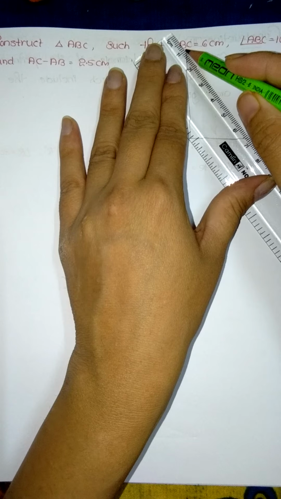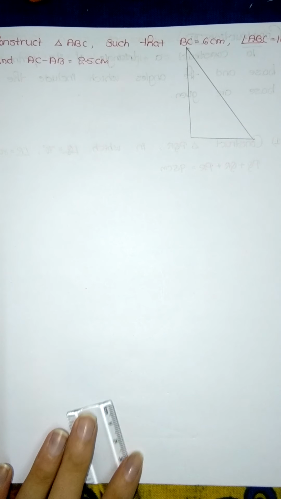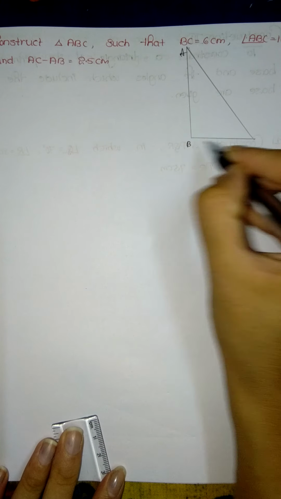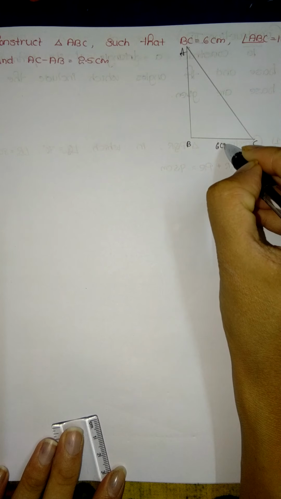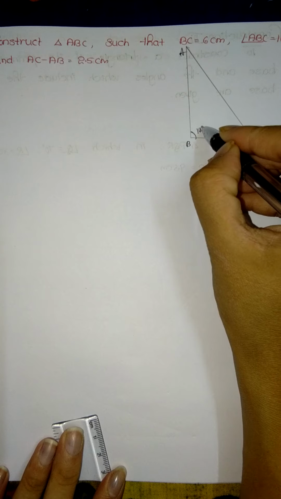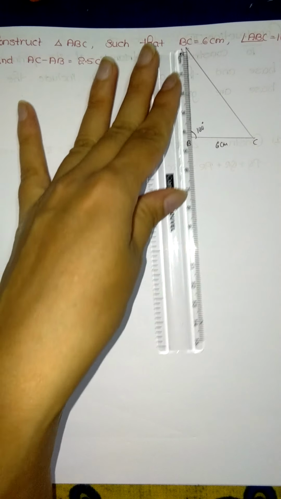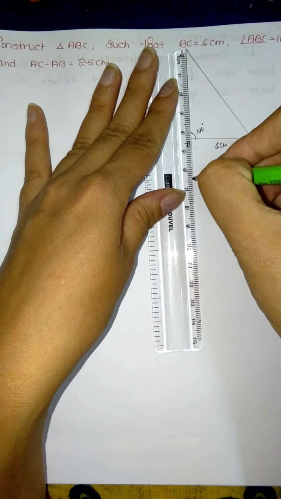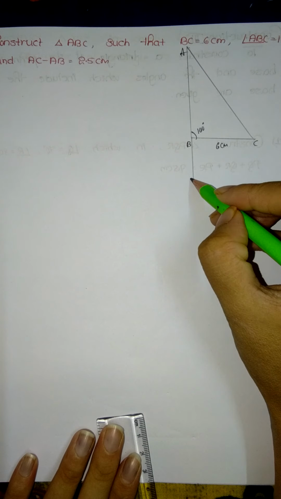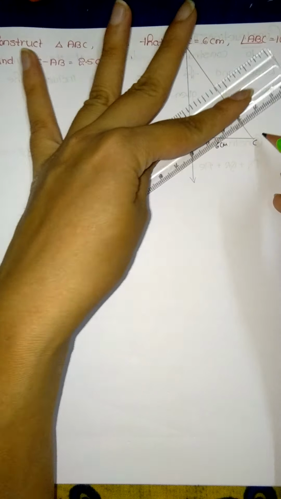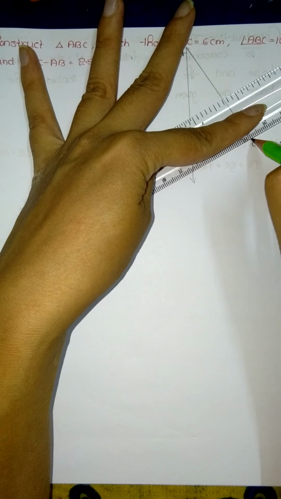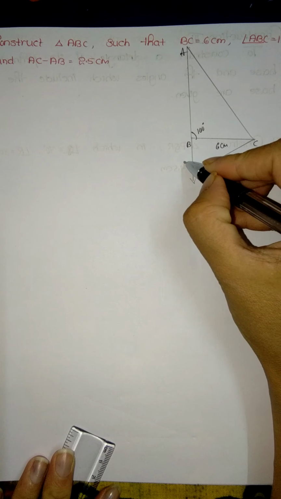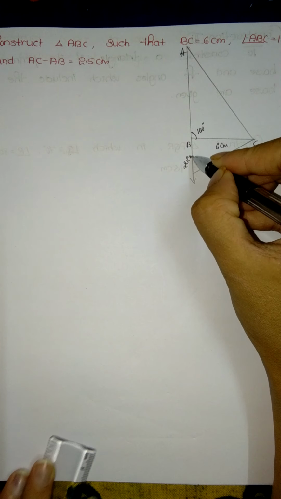So here it becomes ABC, and here A comes below this because the angle is more than 90. So it comes here, and join this, that is 2.5 centimeter.